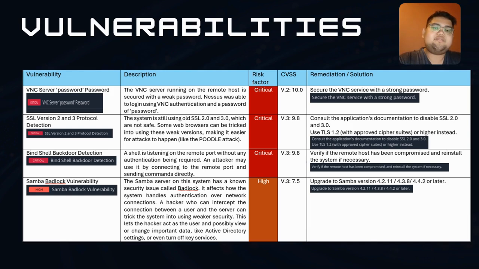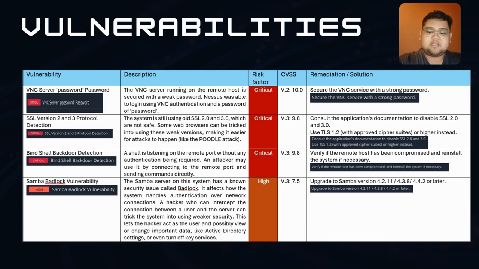As you can see for the risk factor, this is actually a critical vulnerability, where the CVSS version 2 score is 10. The solution is to secure the VNC service with a strong password that makes the password more complicated and hard to exploit.